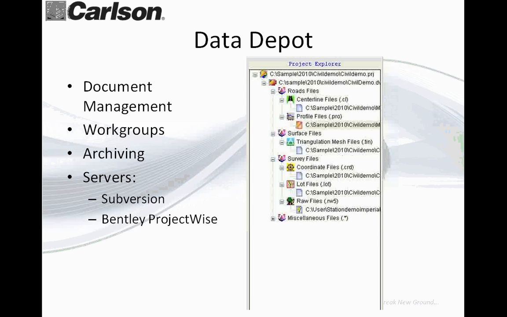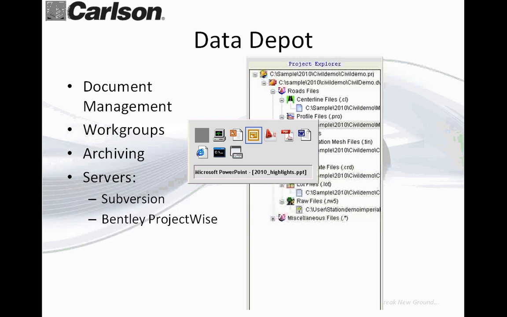It's a way to keep a backup of your drawing and your data files in the repository. And it also keeps a history. And we support currently two types of repository servers. One is Subversion, which is an open source free revision control system. And we also have support for Bentley ProjectWise.